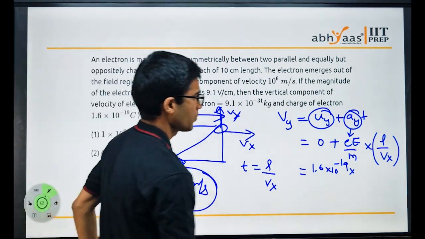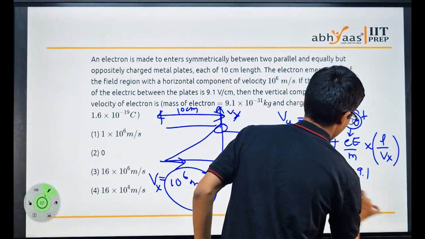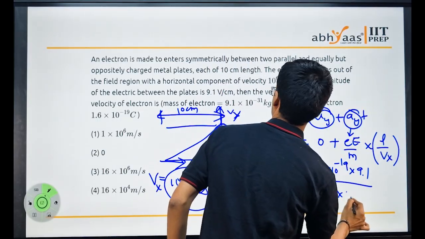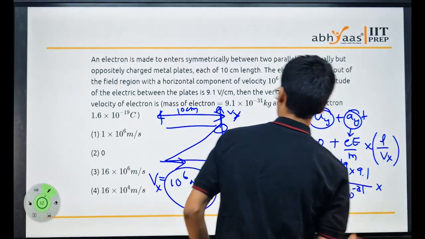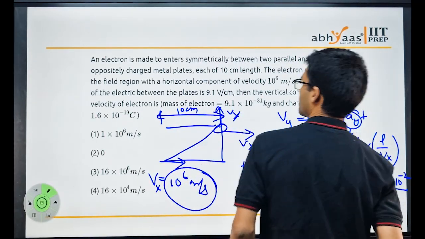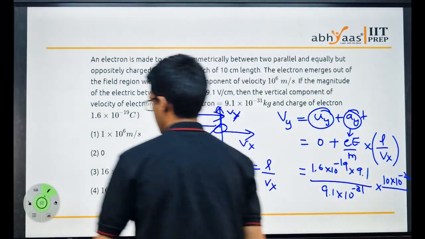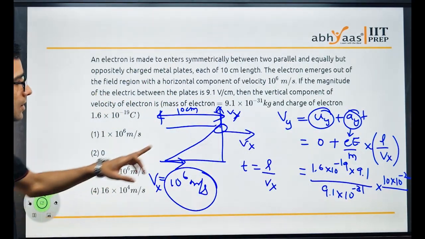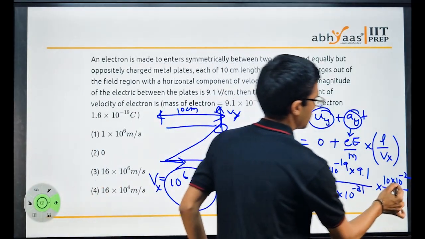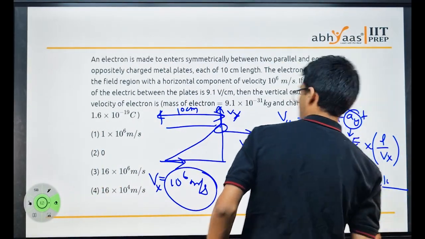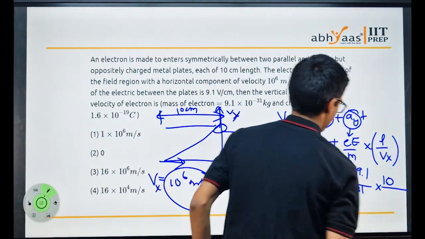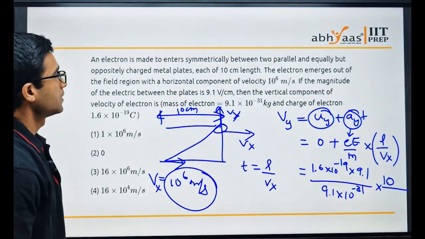Charge intensity is divided by mass, which is given as 9.1 into 10 power minus 31, into length, which is given as 10 into 10 power of minus 2, divided by... okay, no need to change that because he has given it in centimeters, so this is not required. 10 by velocity is given.